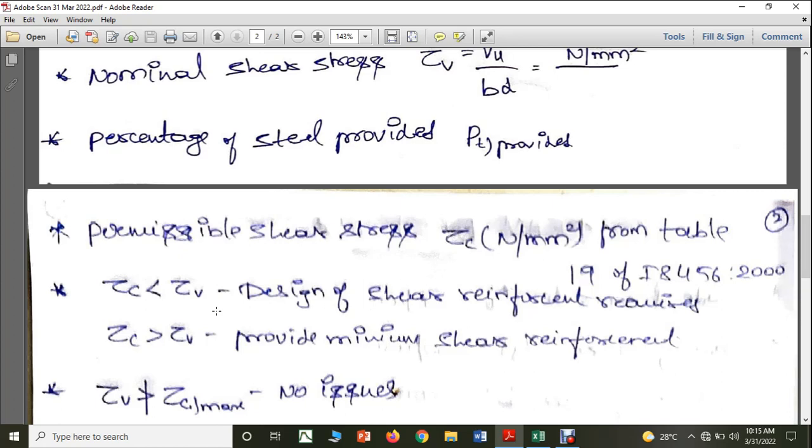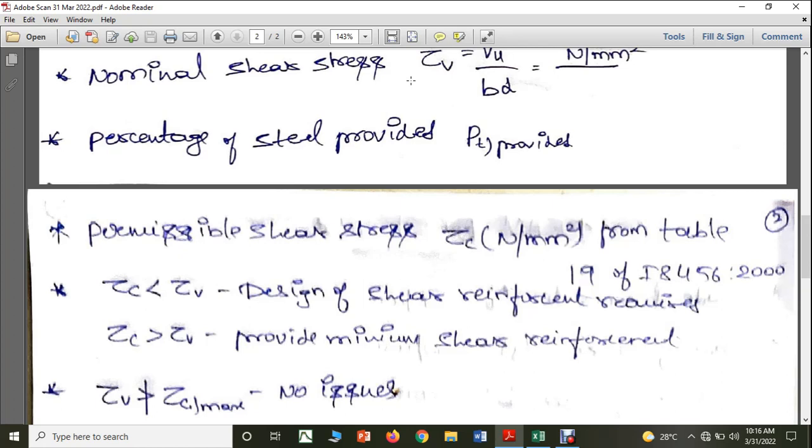If your TOC value is less than the TOV, that is the nominal shear stress, then definitely you have to design the shear reinforcement. If your TOC value, that is permissible shear stress, is more than the nominal shear stress, there is no need to design the shear reinforcement, but you are supposed to provide minimum shear reinforcement.